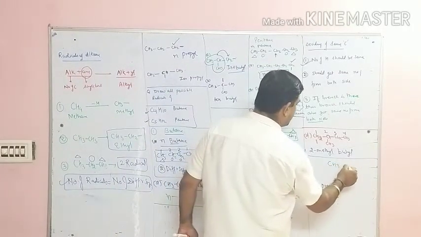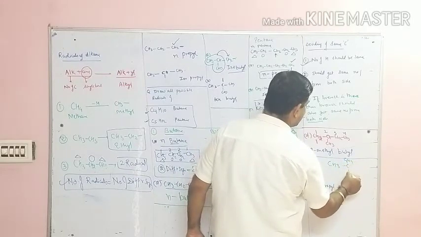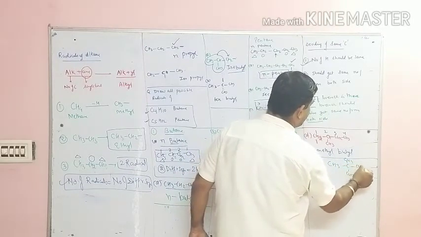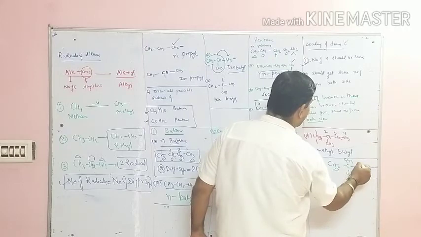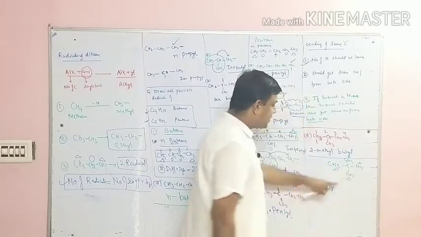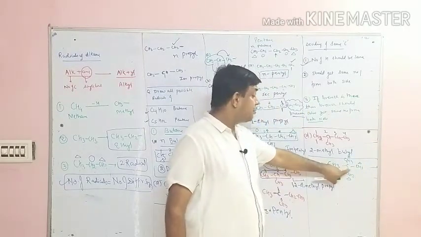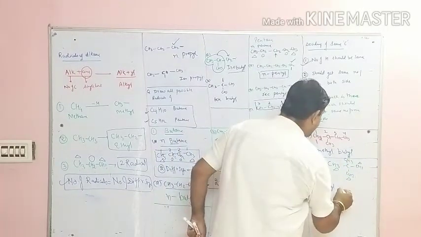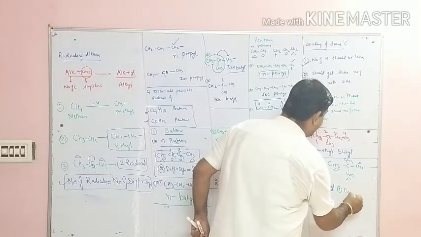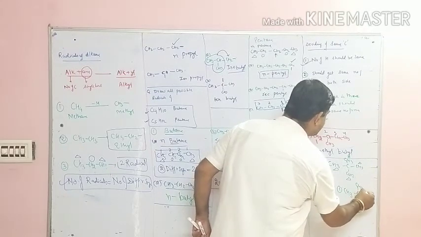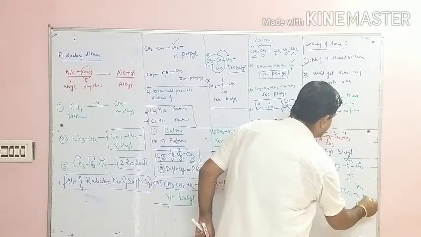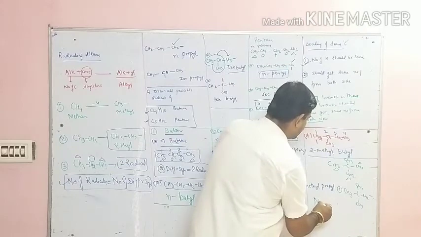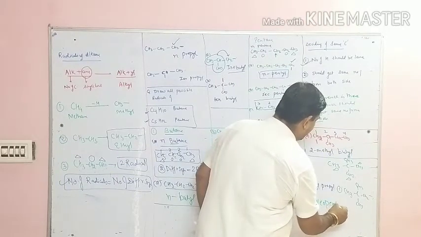See students, in the case of neopentane, this is neo. It is very clear that all these 4 carbons are the same. This is different, but there are no radicals from it. Why? Because no hydrogen is there. So all these 4 are the same, so only one radical will be formed, and that radical is CH3, CH3, CH3, CH2. This is called neopentyl.